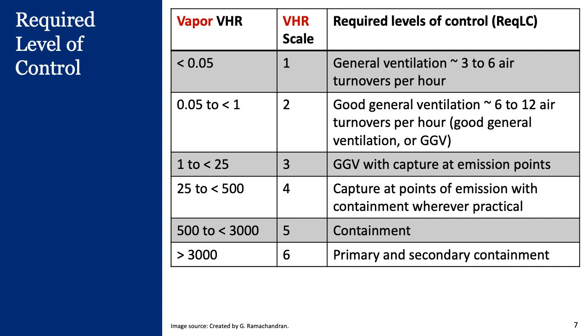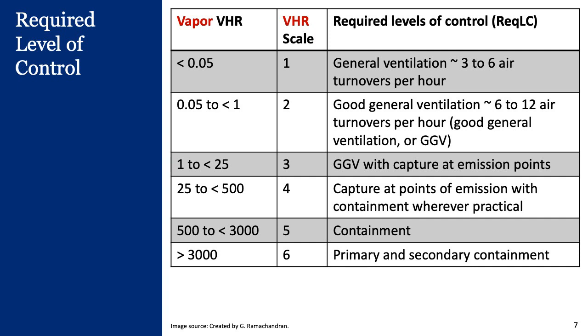If the vapor hazard ratio is between 1 and 25, then we need good general ventilation with capture at the emission points. If the vapor hazard ratio is between 25 and 500, then the required level of control is capture at the points of emission with containment wherever practical.